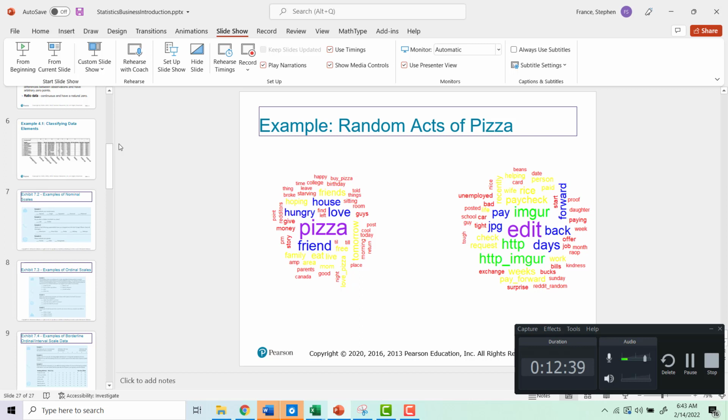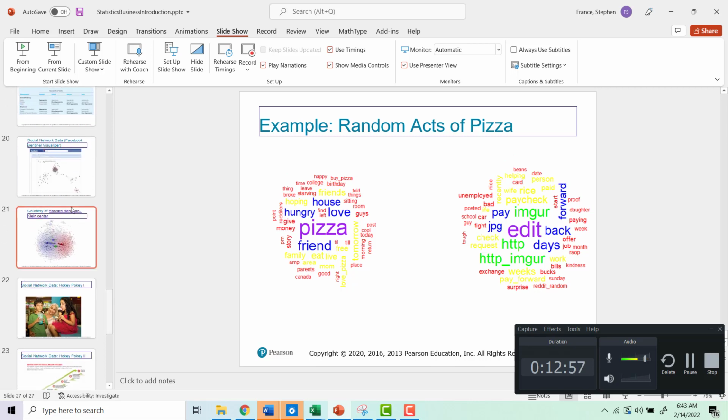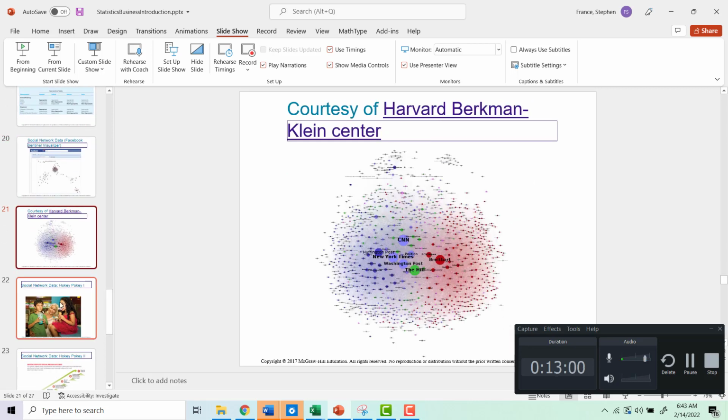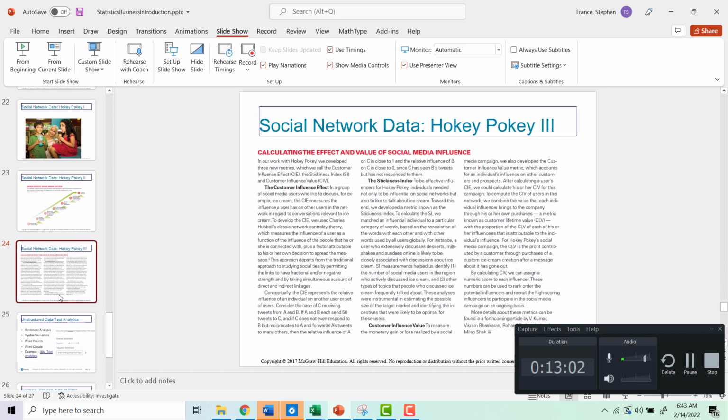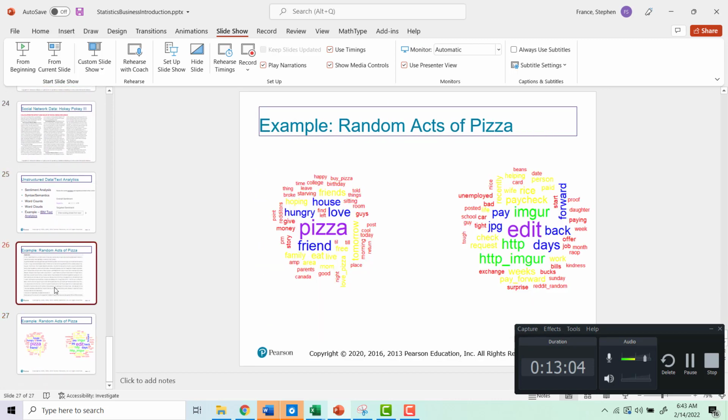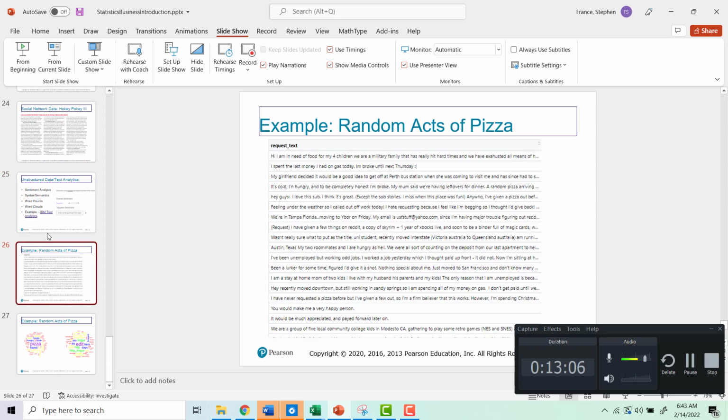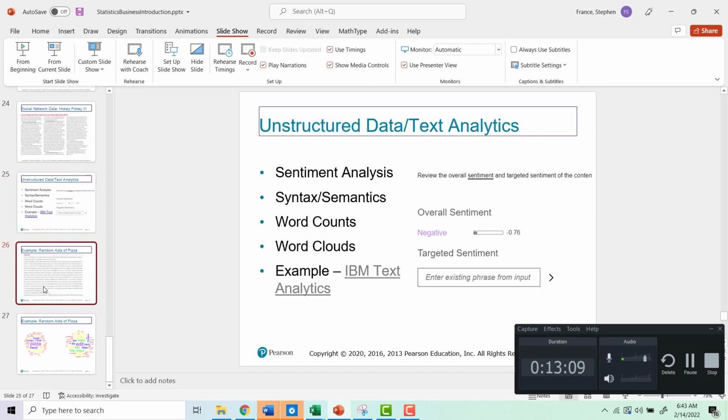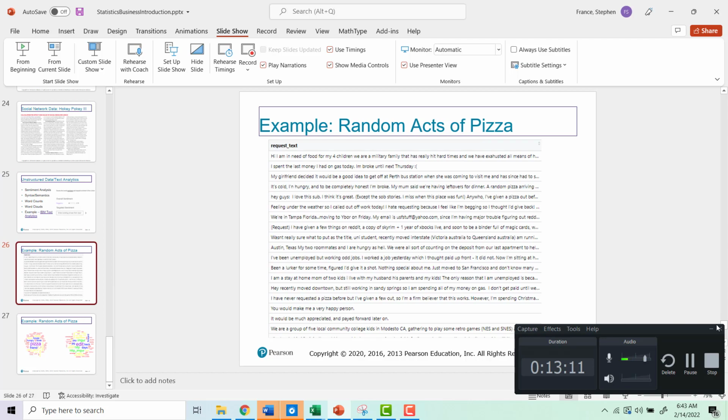There's usually integer data, or scale data from 1 to 10. So it's not a given. I talked about some examples of these different types of data, then the summary statistics you can use with them. Finally, we gave a few simple examples of modern unstructured data. I talked a little about social network data, and also unstructured textual data. I gave you an example of sentiment analysis, and then some analysis I did on the Random Acts of Pizza.